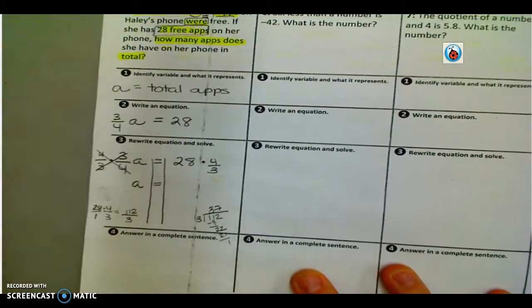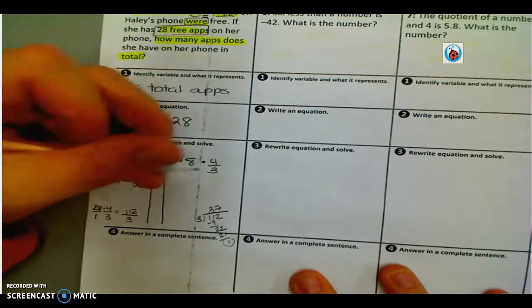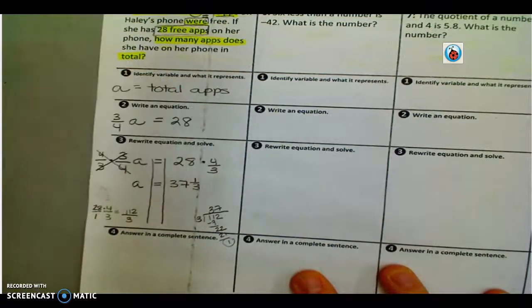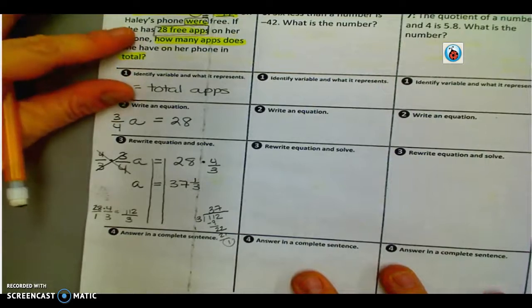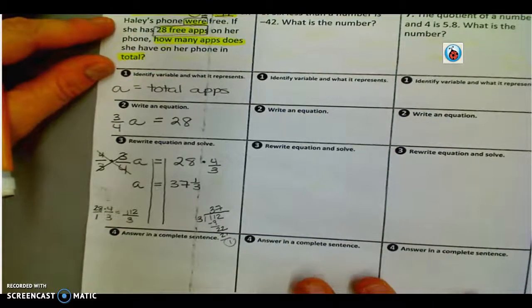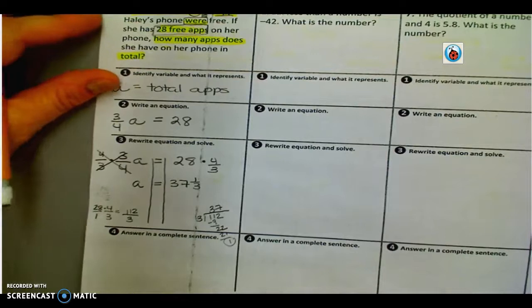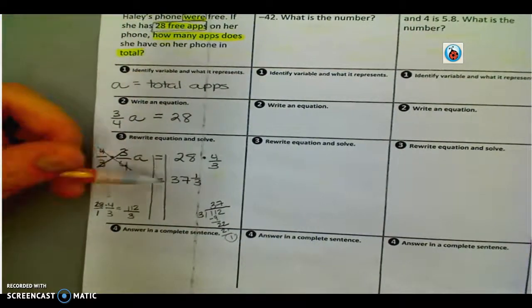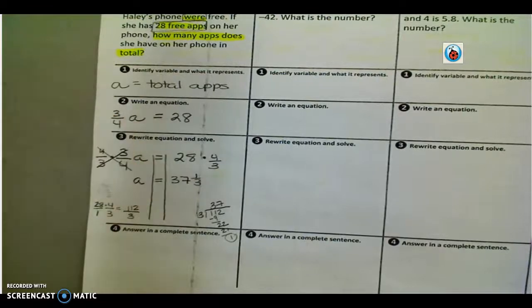Don't freak out. We can have partial answers. We just have to learn how to interpret it. So remember, when we're dividing, you can take your remainder. So we get 37 and 1/3. Now, as you're watching this, maybe you're like, Ms. Pariseau, I see your mistake. If you find it, just message me. I'm pretty sure I checked my work here. All right. So can you have 1/3 of an app?